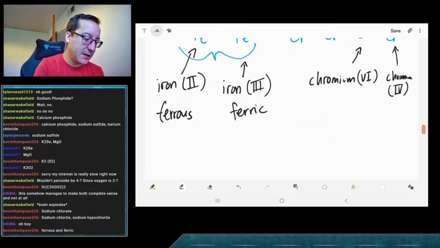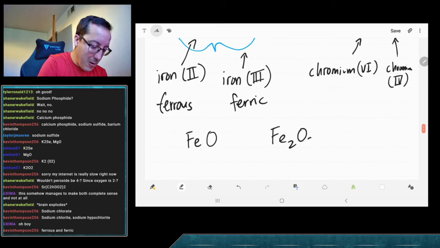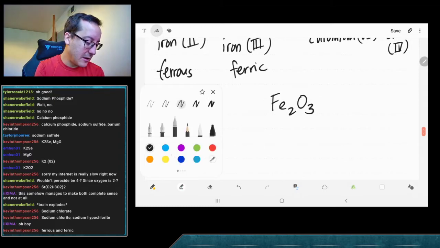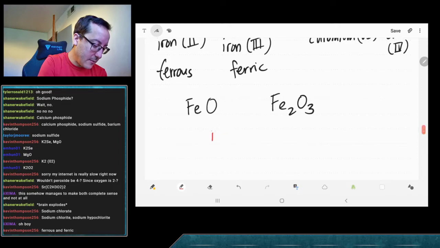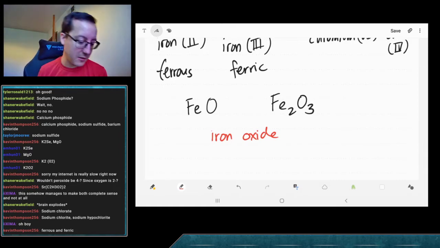And how we're going to do this is we're going to say, okay, look, we have two different compounds with iron and oxygen, so we cannot say iron oxide. Right? So we could say that for sodium and oxygen because those only make one compound put together.